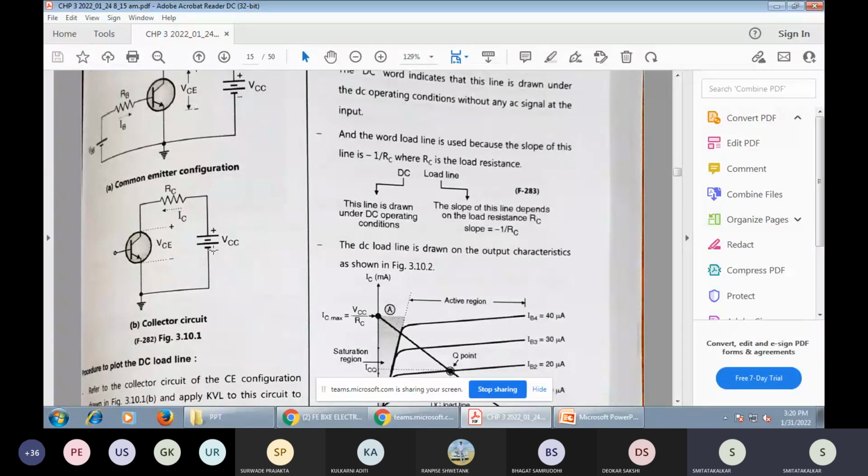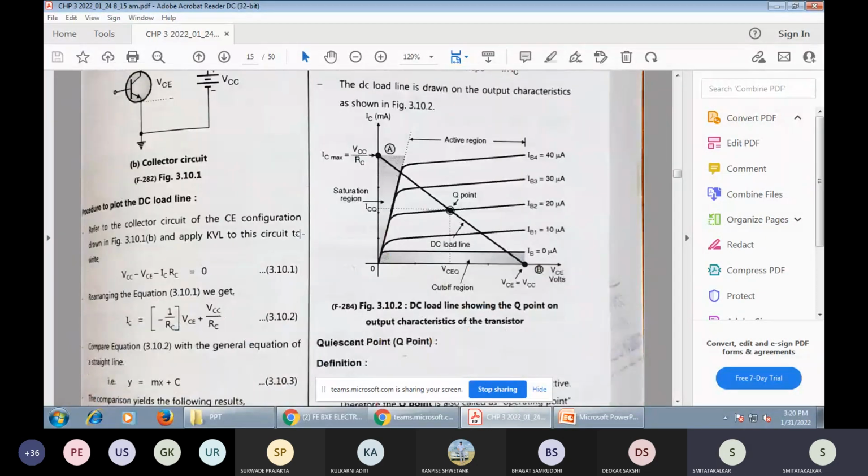Then VCC minus VCE, emitter to collector, VCC minus IC and RC. Because it is a multiplication, voltage is directly proportional to the resistance and the current. It is known as Ohm's law.